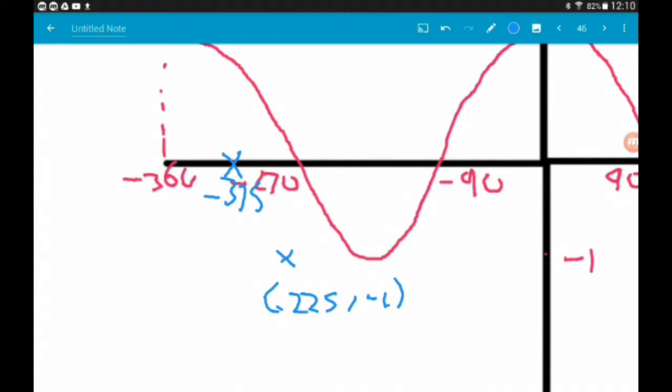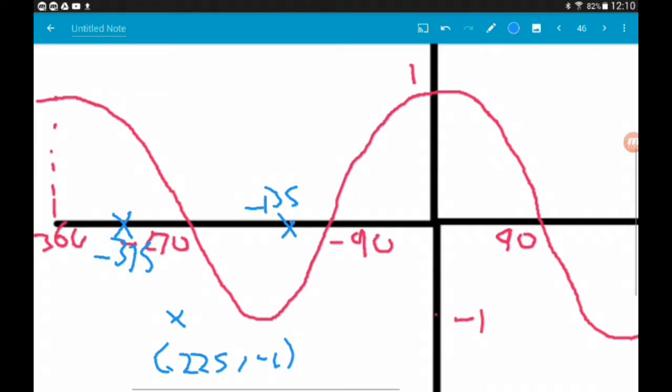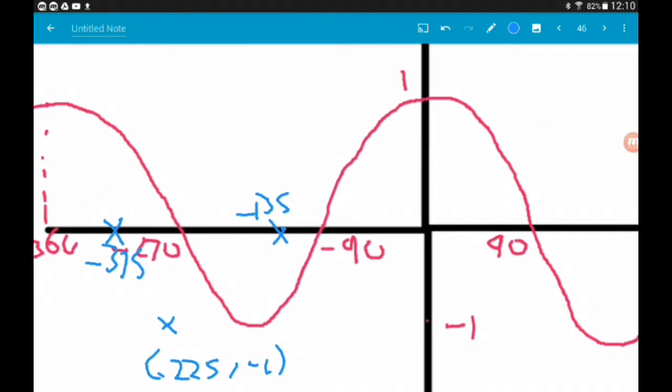The x-intercept at -90 is now going to be at -135. The peak here that was at 0 is now going to be, say, here at -45, still with a y coordinate of 1.